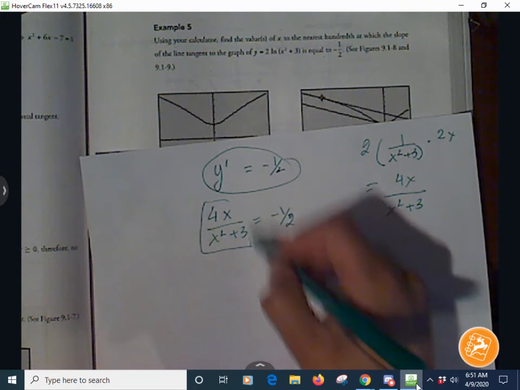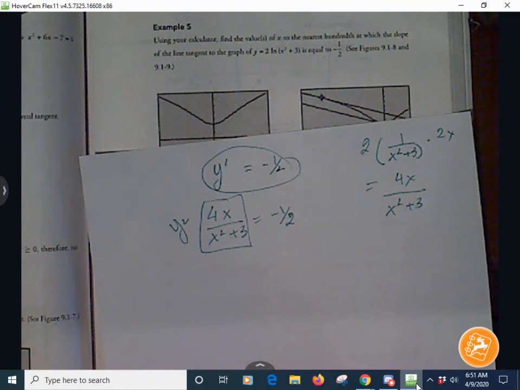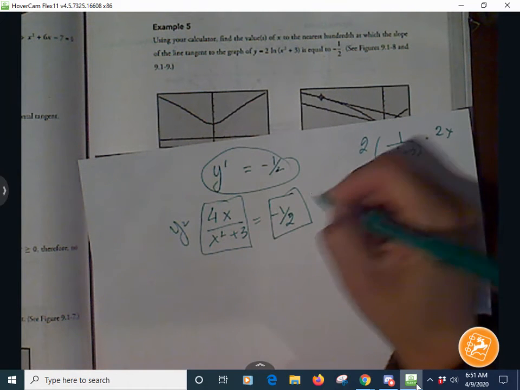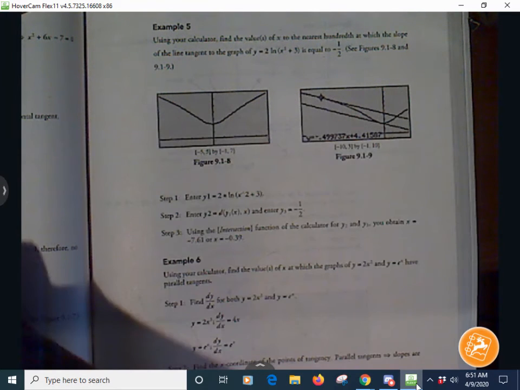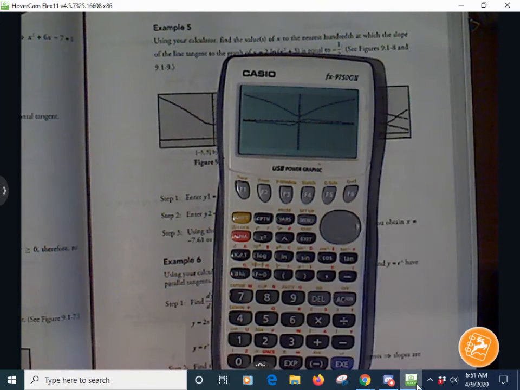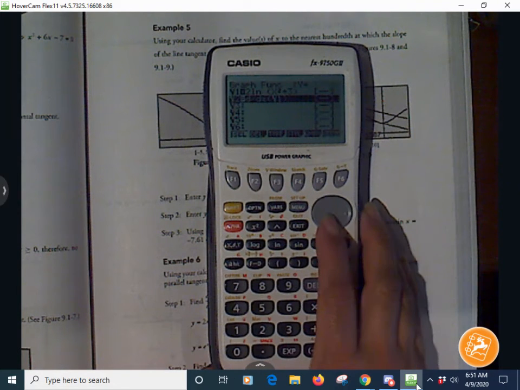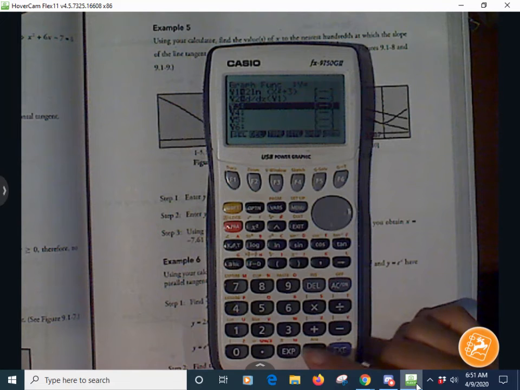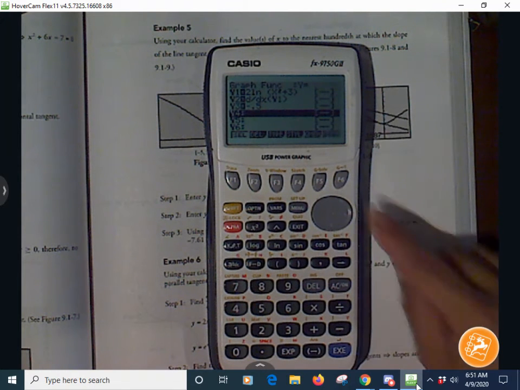I would put the derivative in y equals, in this situation y2, and I would put the negative 1/2 in y3. I'm going to go back to this and put negative 0.5 into there. Now it's going to graph a horizontal line.